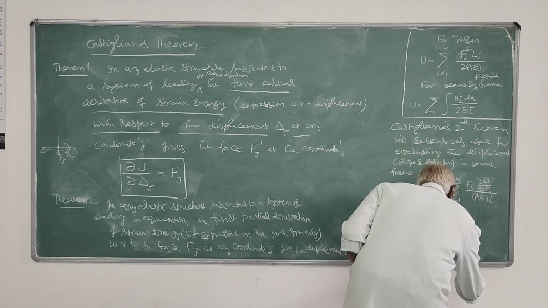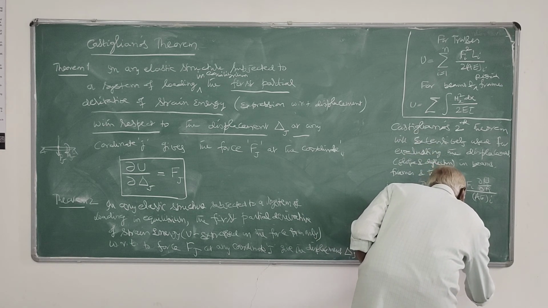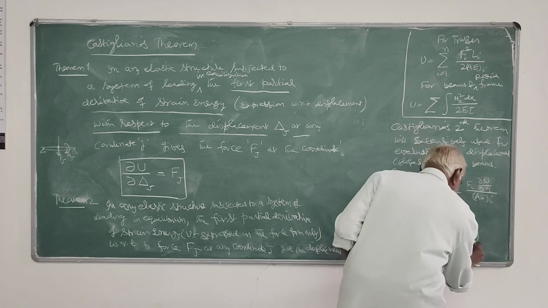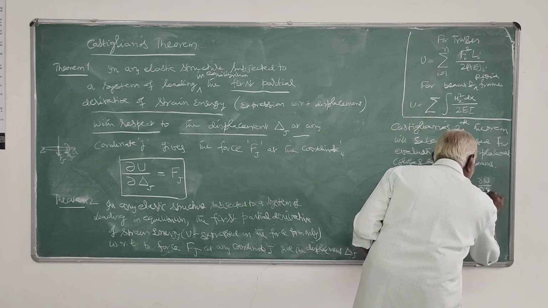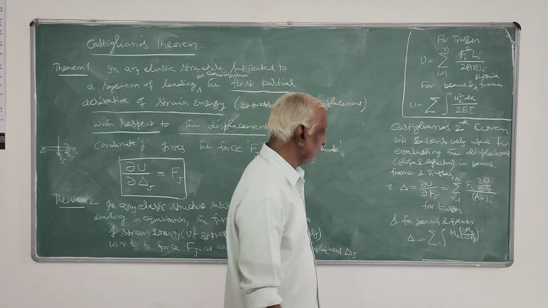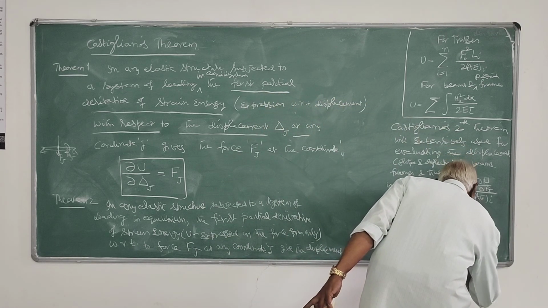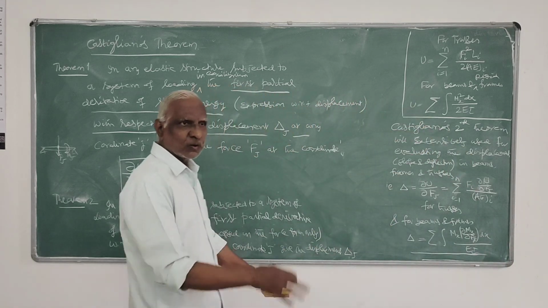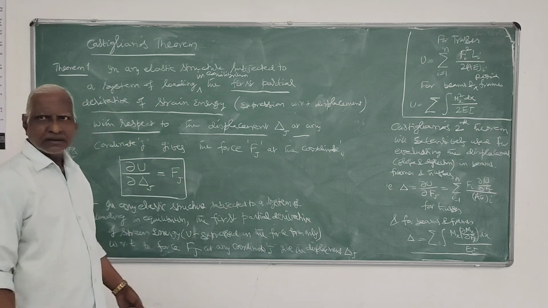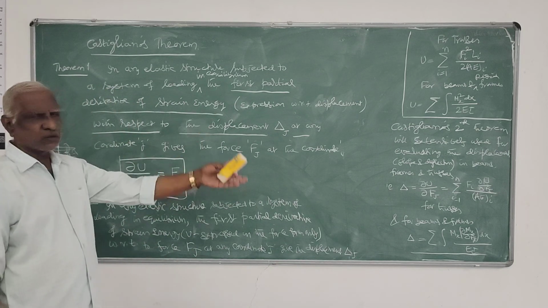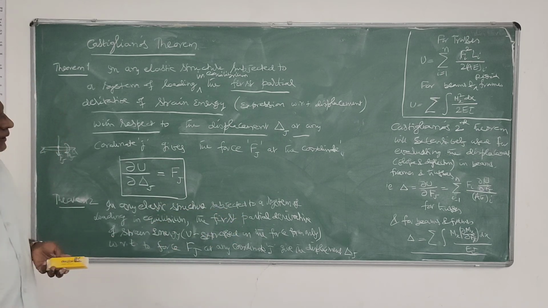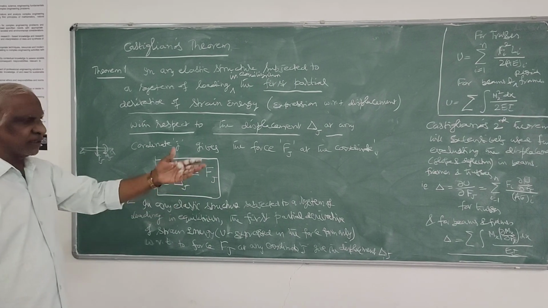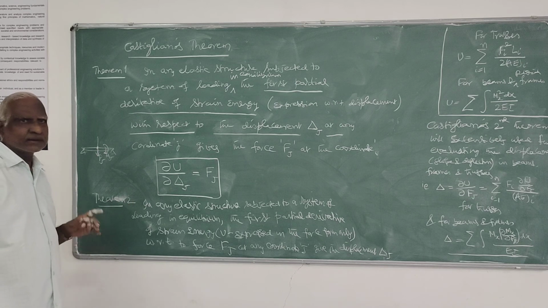That is, Mx into delta Mx by delta Fj, dx divided by EI. The 2 gets cancelled. That's all. Straight away you can use that. So these expressions you have to remember, and you can work any problem on trusses, beams, and rigid frames, and evaluate slope and deflection using Castigliano's theorem.